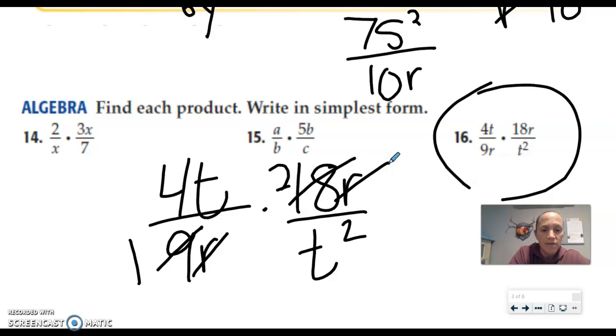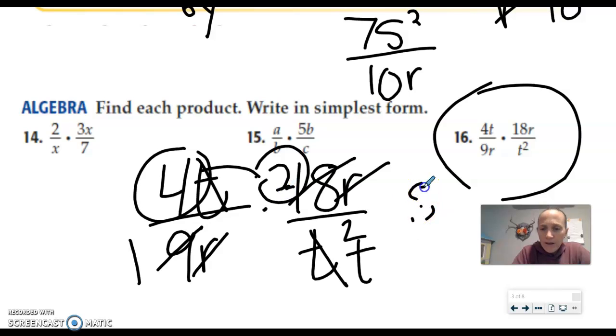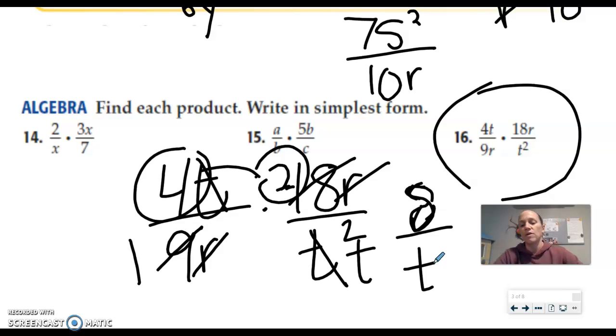Then I also can take this 1t here and have that cancel out a t here. This just gets a little messy, right? So I'm left with a t. So now I have to kind of pick through what I had left over. And I have 4 times 2, right? If you can see that 2 there. So that would be 8. The pen is not very sensitive. And then 1 times t. So 8 over t is how that whole entire thing would simplify.